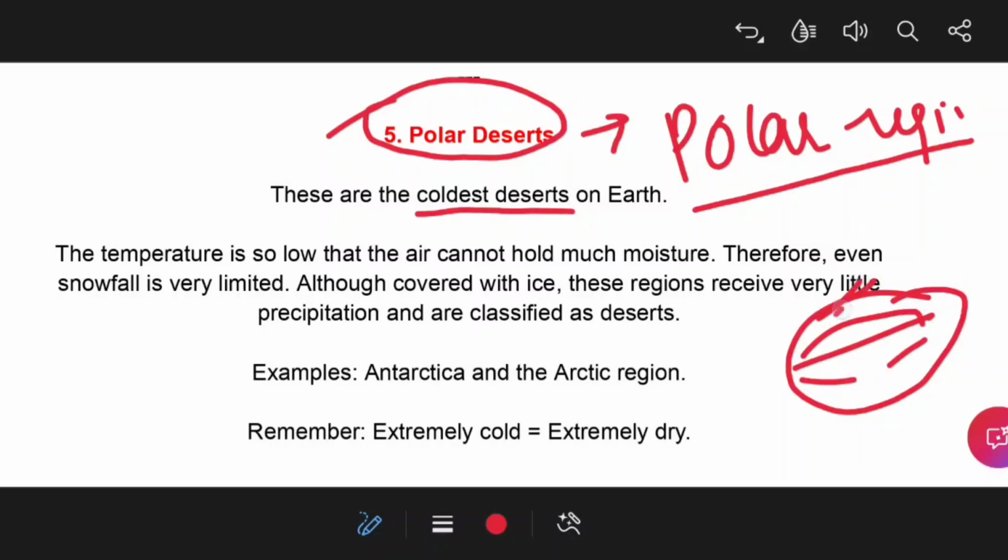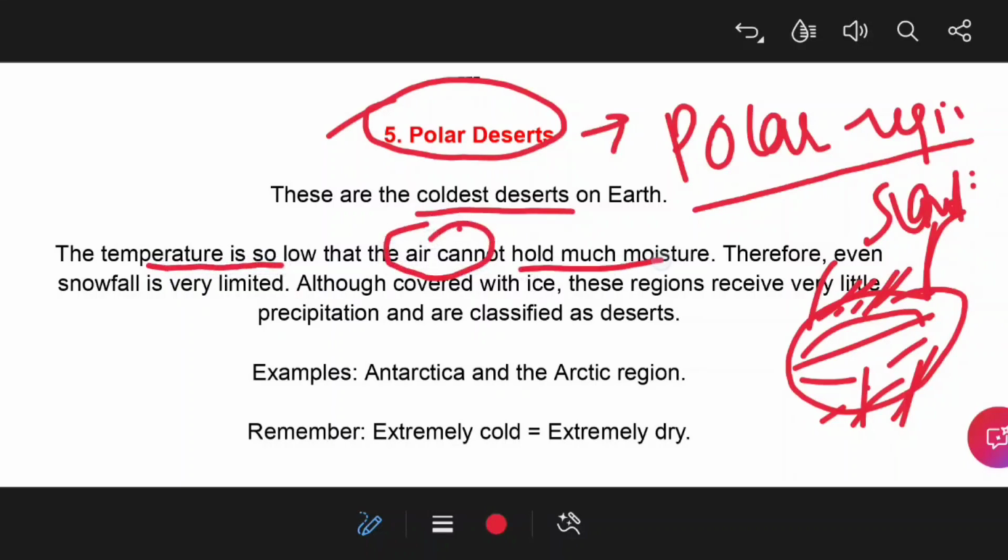And when the sun's rays fall in these regions, north or south, they will fall slanting, that is, not directly. That's why the temperature in this region will be low, and if the temperature is low, then air can't hold much moisture, and that's why snowfall is very limited.